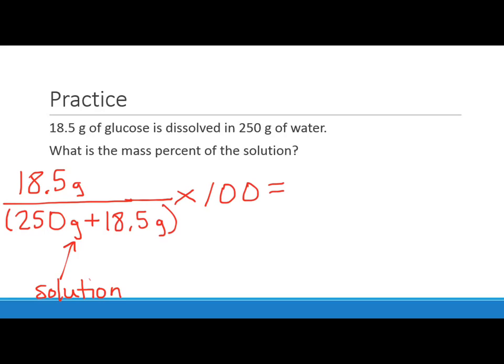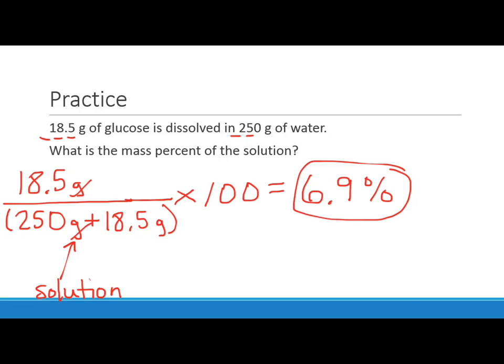Looks like I have 2 sig figs, so I'm going to round that to 6.9% by mass, and that would be my answer. So not too bad, right? All you need to do is follow the formula, and make sure your units are the same so that you can see that they cancel out. You cannot have grams and kilograms. You'd have to convert them both to the same thing.